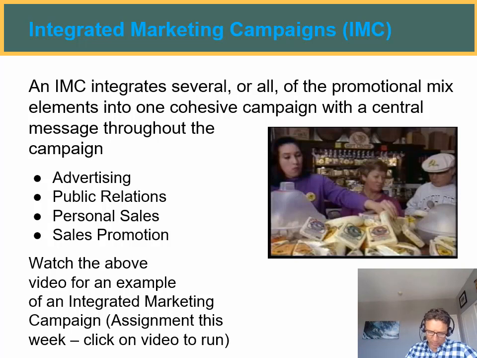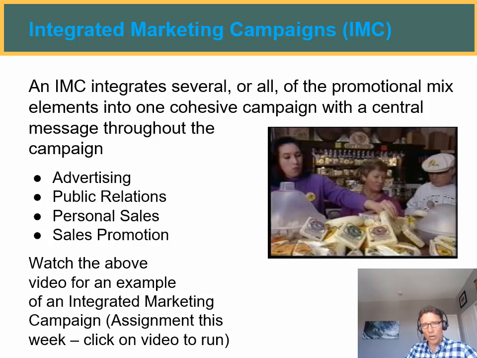Okay, so back to personal sales. There's the businesses selling to other businesses, like territories and accounts, and I gave you the Cintas example. And then there's also some consumer products that have salespeople.